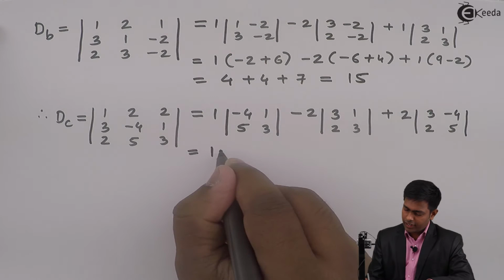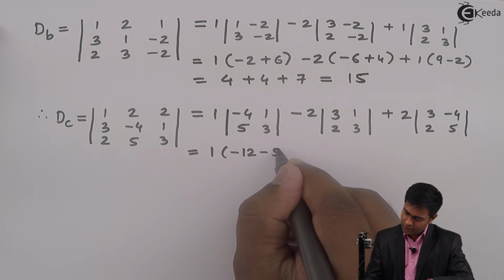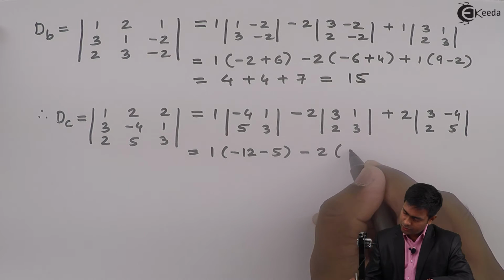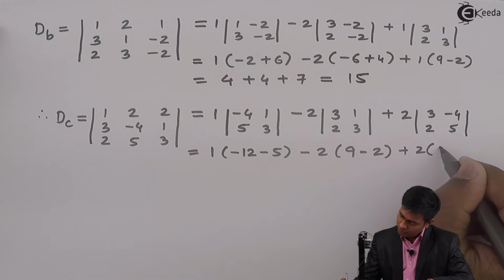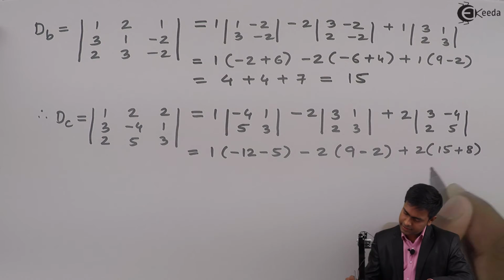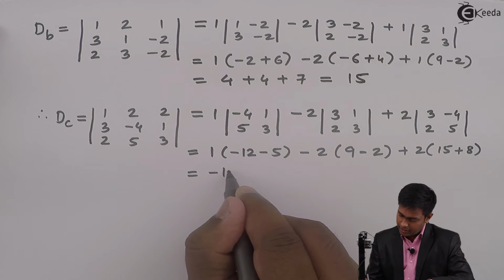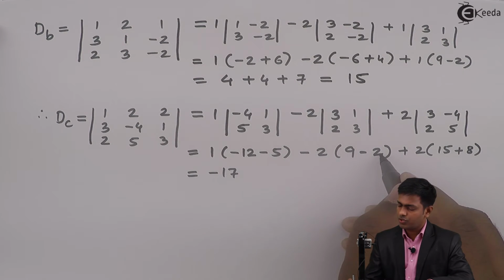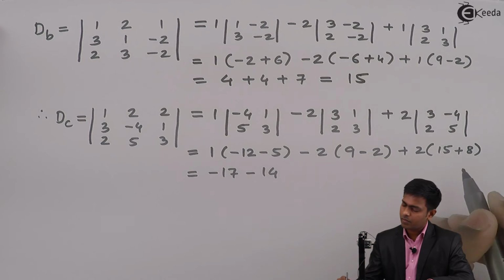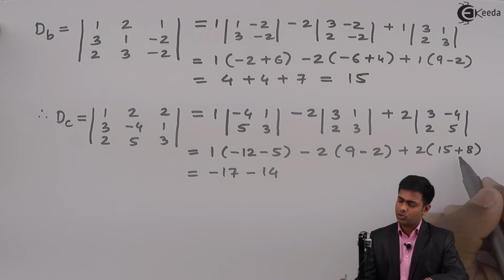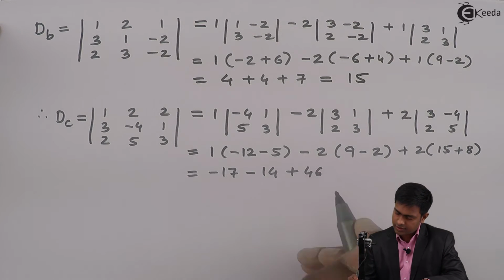So here we will get minus 4 into 3 that is minus 12, minus 5, minus 2 into 9 minus 2, plus 2 into 15 plus 8. So this is minus 17 into 1 that is minus 17, 9 minus 2 is 7, 7 into minus 2 that is minus 14, 15 plus 8 that is 23, and 23 twos are 46, so plus 46.